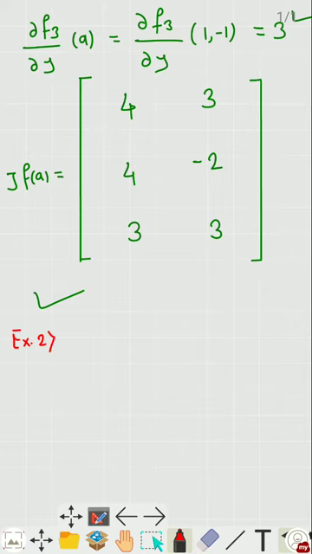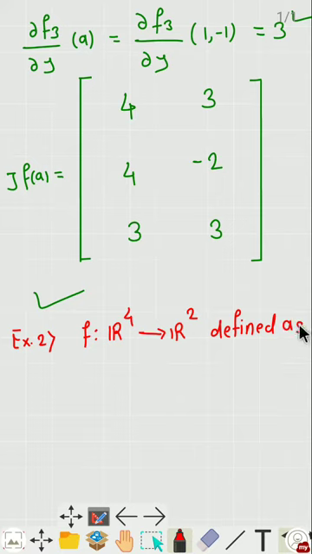Here also it is given that f is a function from R⁴ to R², a vector valued function, a vector field defined like this: f of (x, y, z, w).